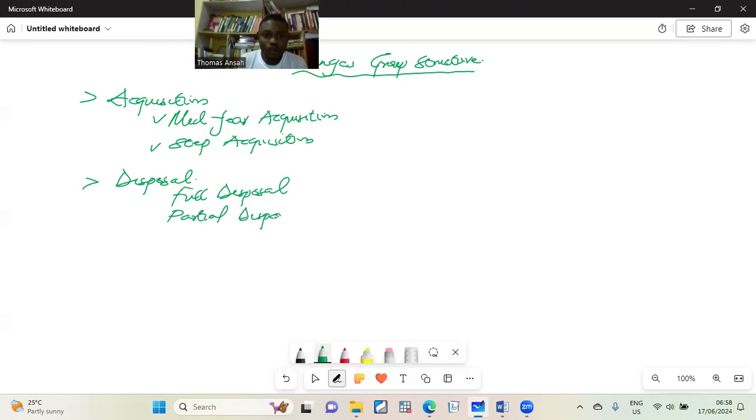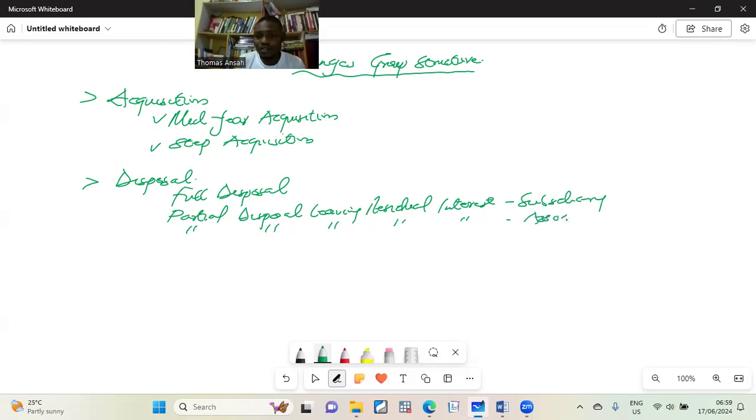And you'll be leaving some of it. Let's say you're leaving a residual interest, where that residual interest, what you've left, still makes you have a subsidiary. Then we have a partial disposal where what you leave is a residual interest that will still give you an associate.